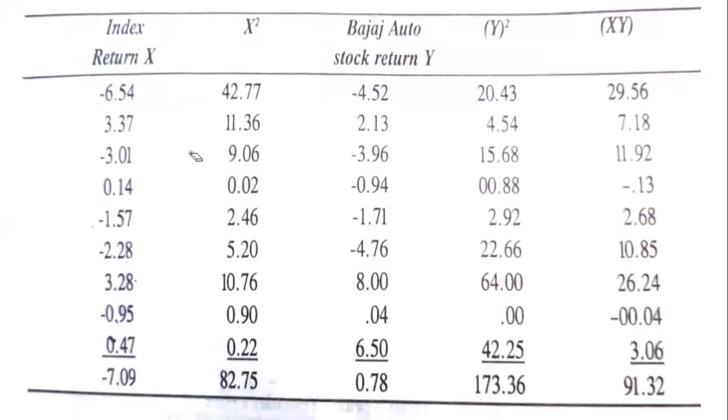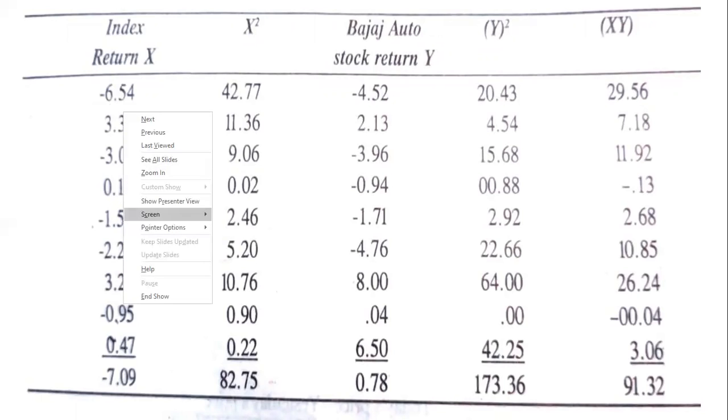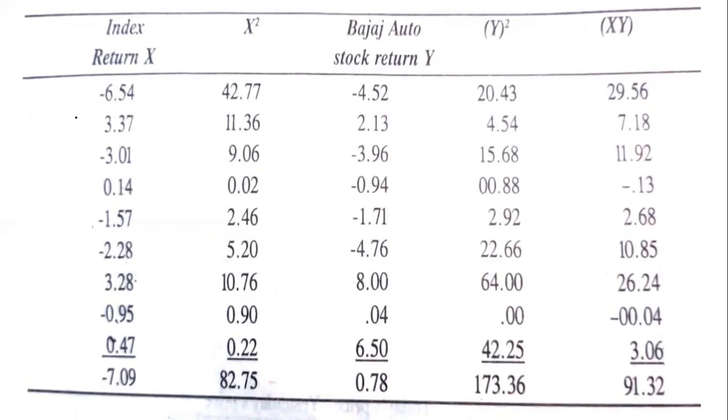If we continue to calculate the same thing for all the days, we will get the values for index return. Adding all of these, we will get minus 7.09.